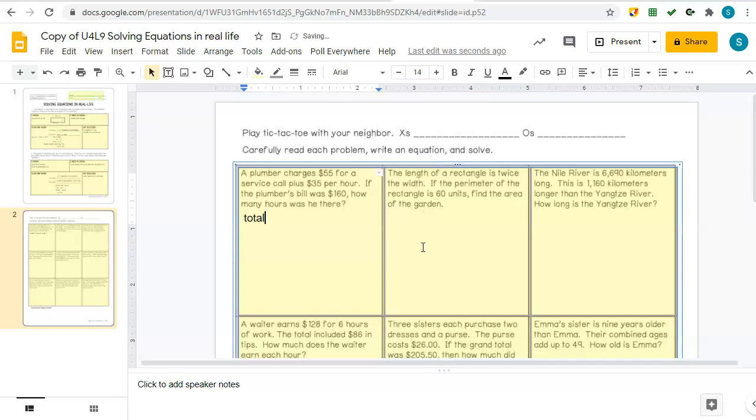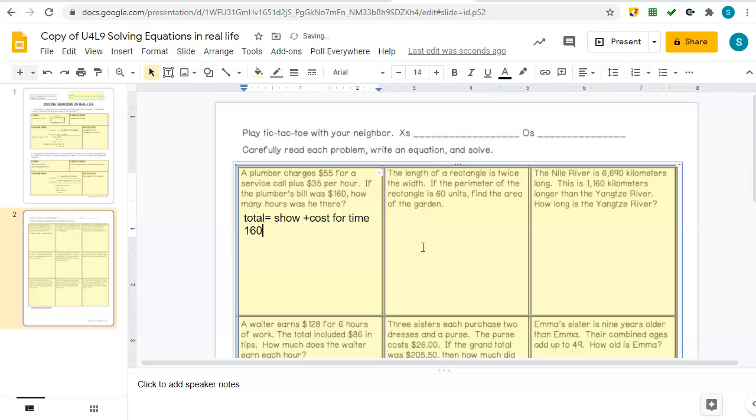Well, let me say that again. And I know even teachers can find it a little confusing how to say it. So our total had to equal the cost for just making the service call in the first place. So that's the show up fee plus the cost for time. And that cost for time is $35 per hour.